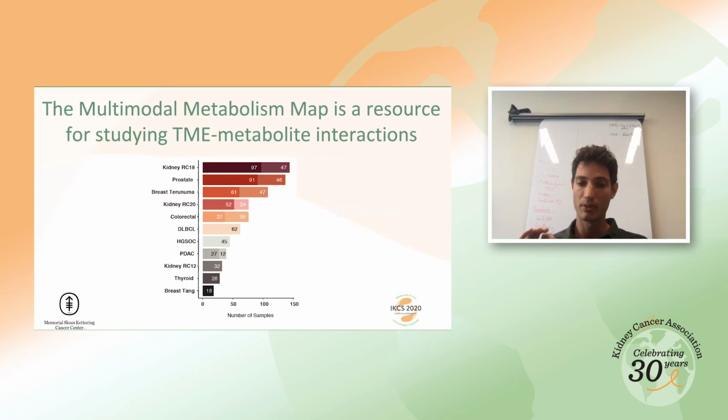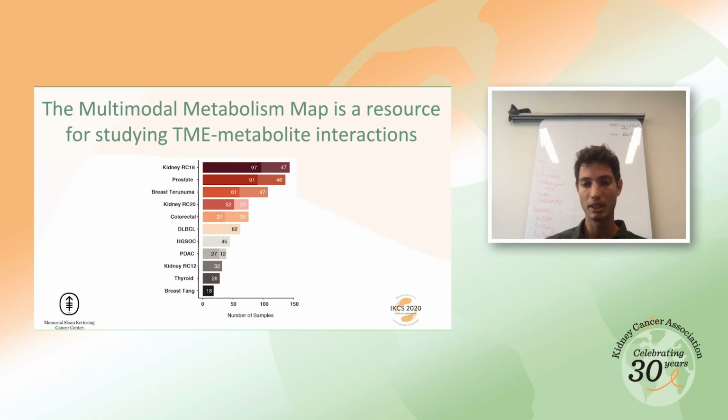One of the benefits of the multimodal metabolic map is that we can infer TME composition. We can infer the cell populations which compose the TME using immune signatures and applying those signatures to RNA sequencing data. And that enables us to study TME metabolite interactions.